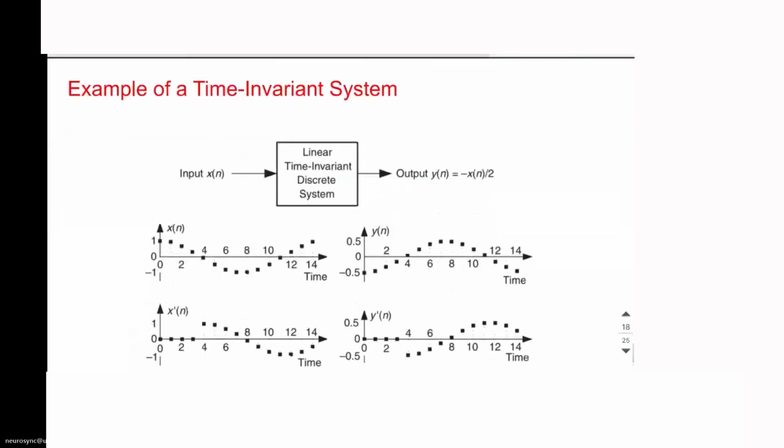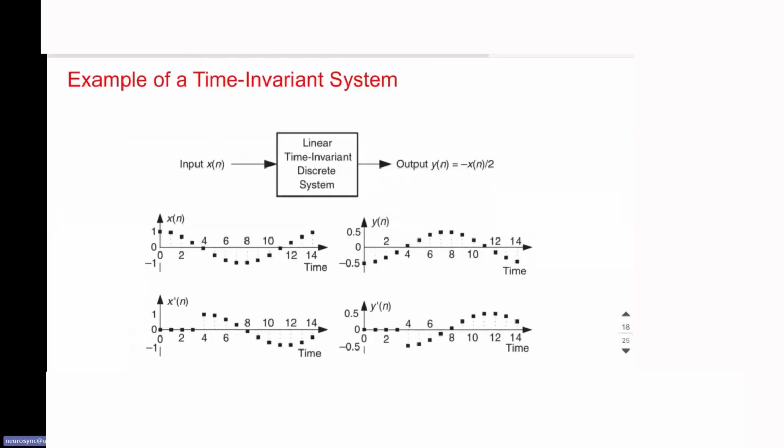Now, this is the simple example of a time invariant system. I'm having some linear time invariant discrete system here. I'm applying this input x of n to this system, and I'm getting some output y of n, which is minus x of n by 2.